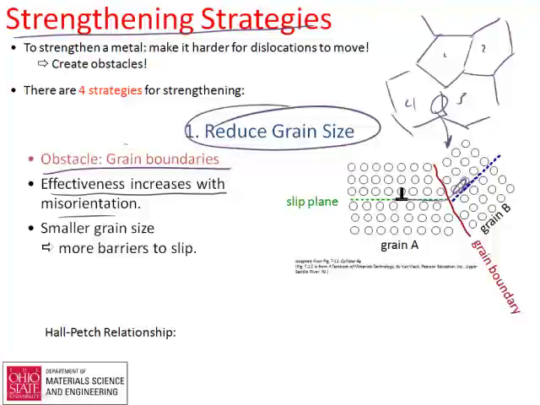And the smaller the grains we can make, you could ask whether these are large or small relative to the size of your component. The more barriers you have, the stronger the material is.